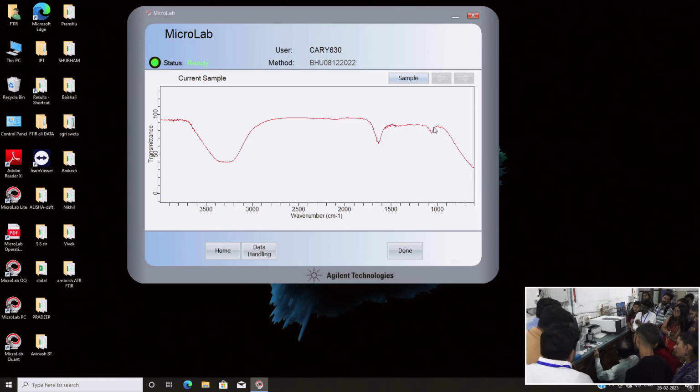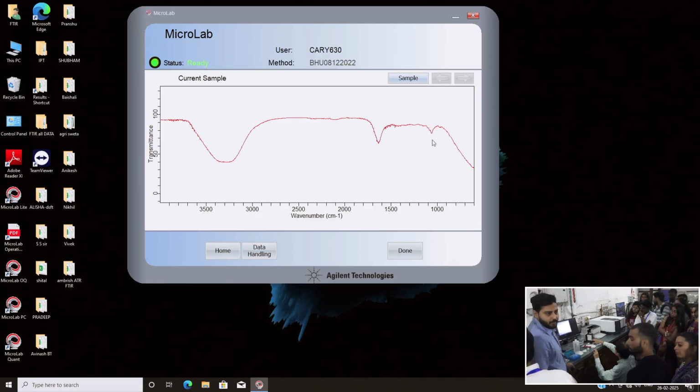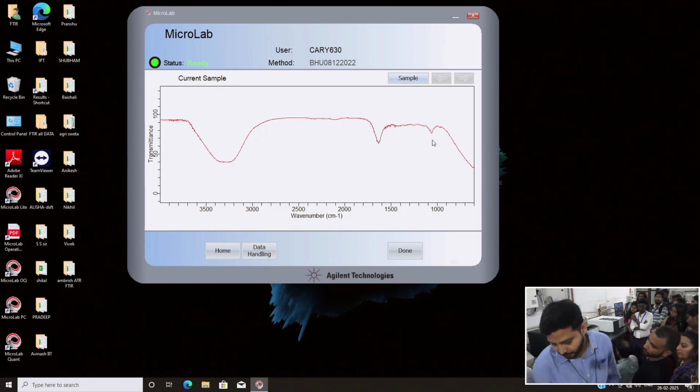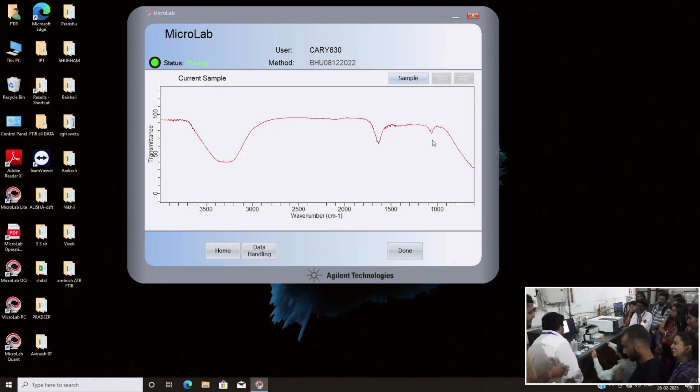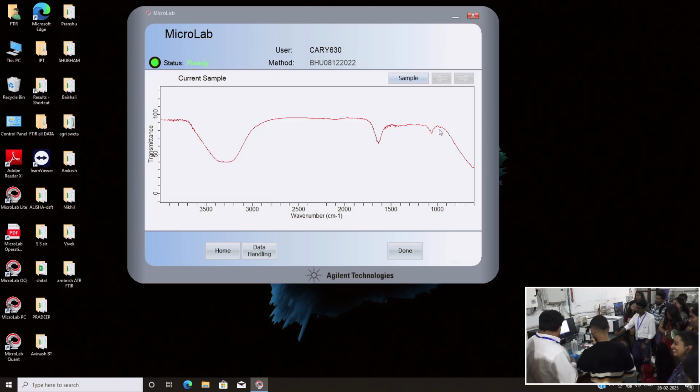Okay. In this case, the prism was made of silicon. Then the peak nearly 1000 is attributed to SiO stretching. Silicon is SiO2, so absorption of the silicon prism is also observed.